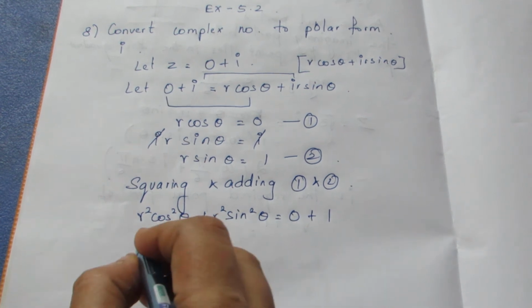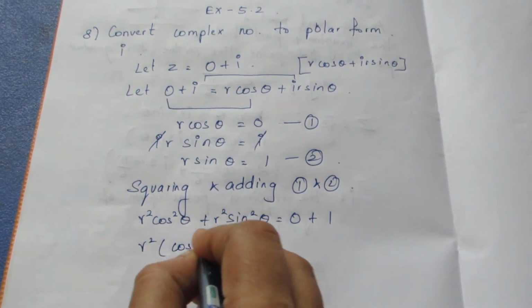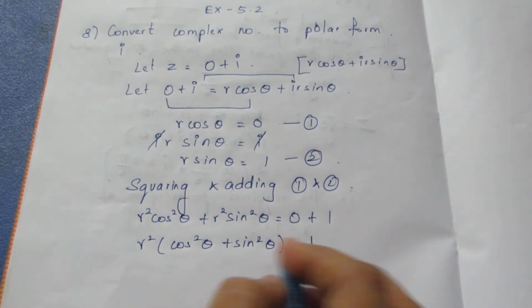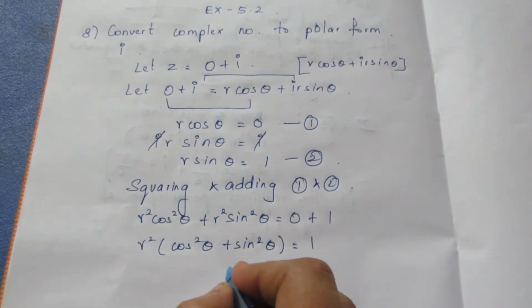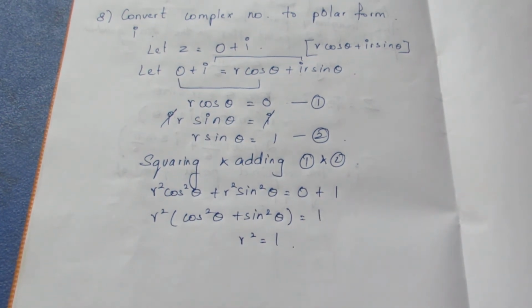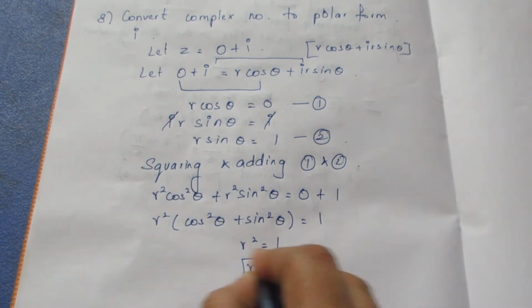If I take r square common outside, I get cos square theta plus sin square theta equal to 1. This becomes 1, so my r square will be equal to 1. Taking the square to the other side becomes root, so root 1 is also 1. So my r value will be equal to 1.